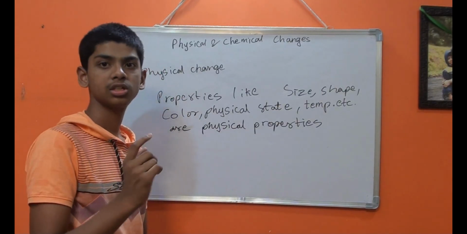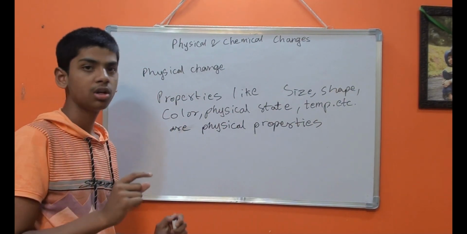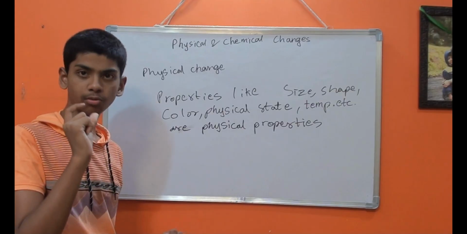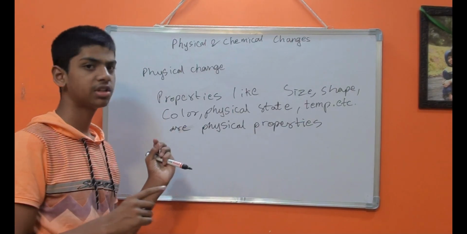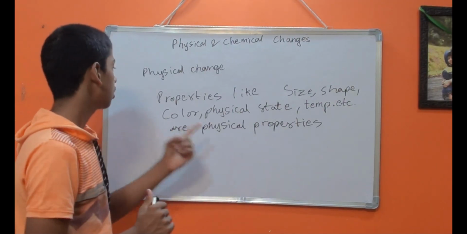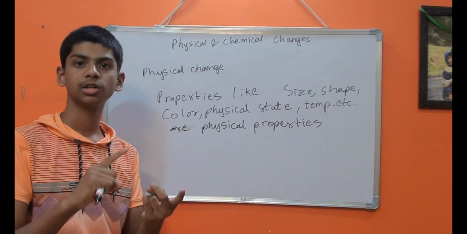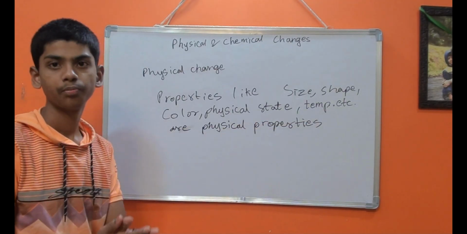Physical state. The state in which the object is, like if it's an ice cube, it's in solid state. If it's water, it's in liquid state. If it's water vapor, it's in gaseous state. The physical state refers to gases, solids and liquids. Now temperature.